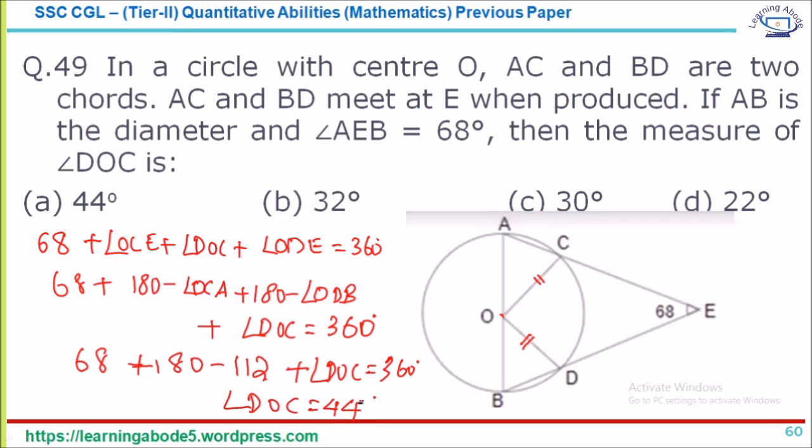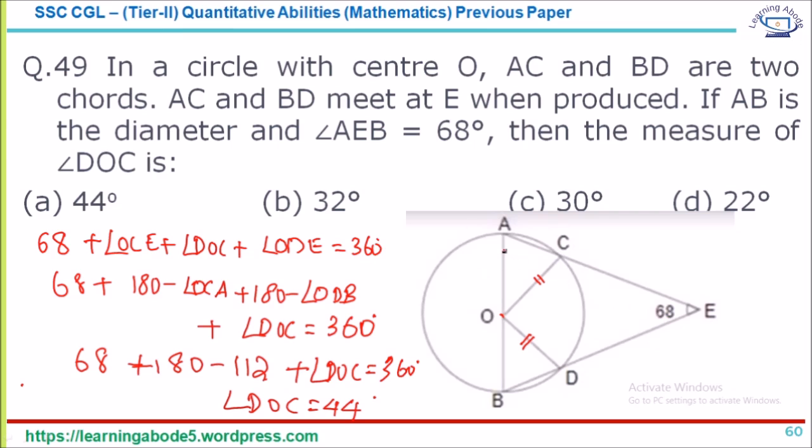Right. Now how did I write this 112? Now what is 112? That is angle at EAB. Now this is a triangle, right? So this is 68.